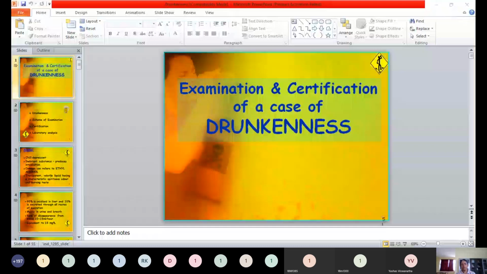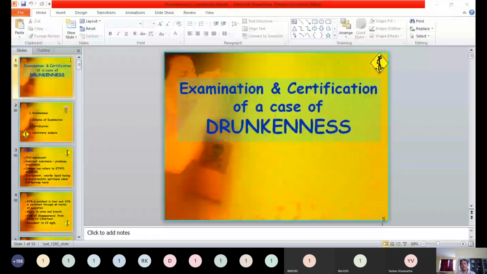Now coming to the absorption: 20% is absorbed from the stomach and 80% from the small intestine. It is detected in the blood within 2 to 3 minutes of consumption, and peak level is reached within 45 to 90 minutes after consumption.